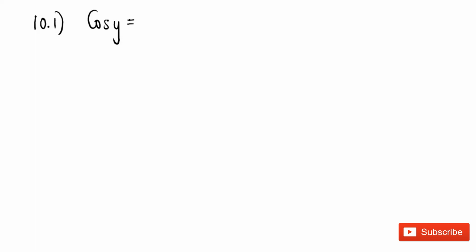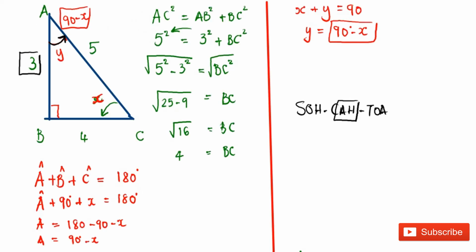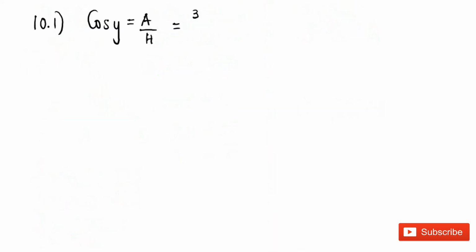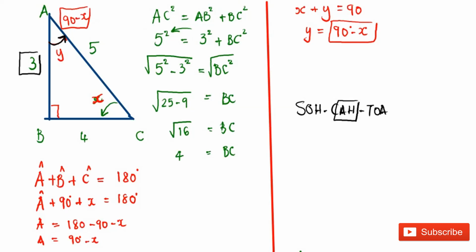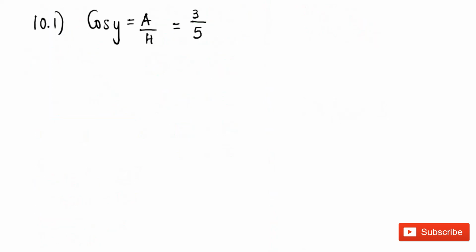So cos of y is equal to the adjacent side over the hypotenuse. The adjacent side is 3, because that is the side next to angle y. And what is the hypotenuse? The hypotenuse is 5. So cos of y is equal to 3 over 5. Okay, let's have a look at 10.2.